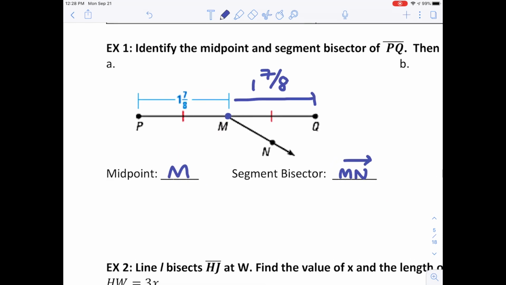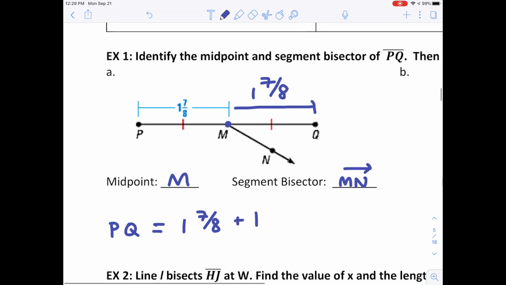Then you can figure out what the total distance of PQ is. So the length of PQ, I'm not going to write a line segment over it because I'm doing the length, so it's just letters PQ. It's going to be 1 and 7/8 plus 1 and 7/8. So that's going to give me 2 and 14/8.